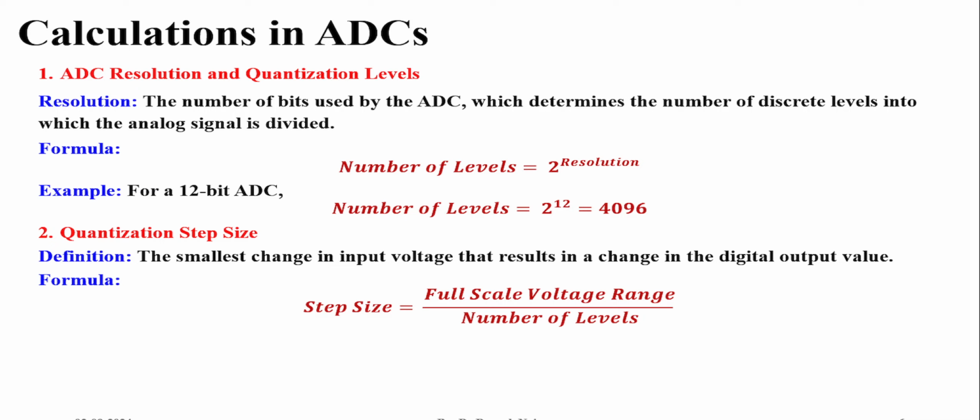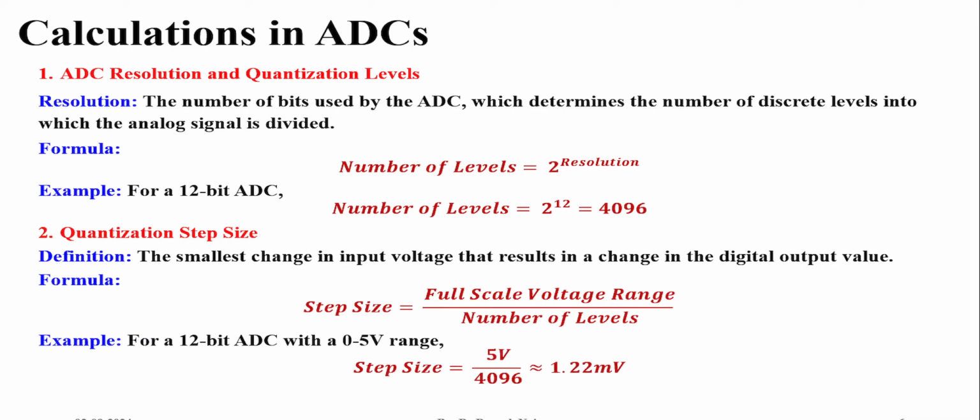For that we can use this equation: step size is the full scale voltage range divided by the number of levels. For example, if we have a 12-bit ADC and the full voltage range is between 0 to 5 volt, then the step size will be 5 volt divided by 4096, which is approximately equal to 1.22 millivolt.